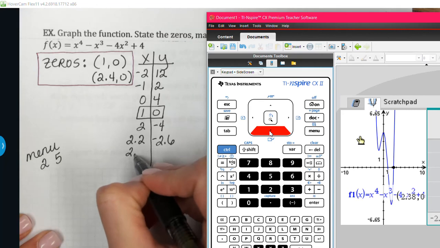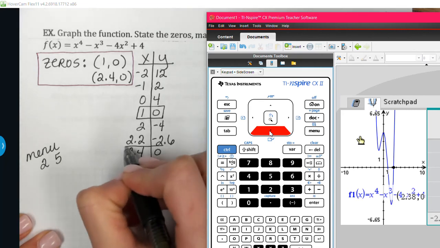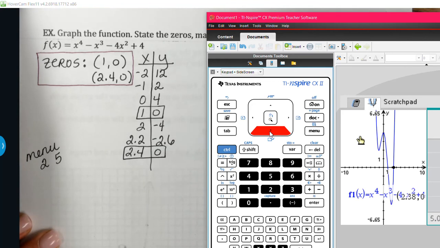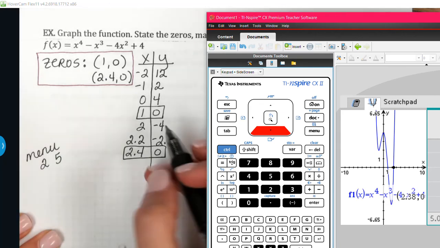We know that at 2.4, it's a 0. So this is 0.3, but it's 0. And then 2.6 will give me 5.1.